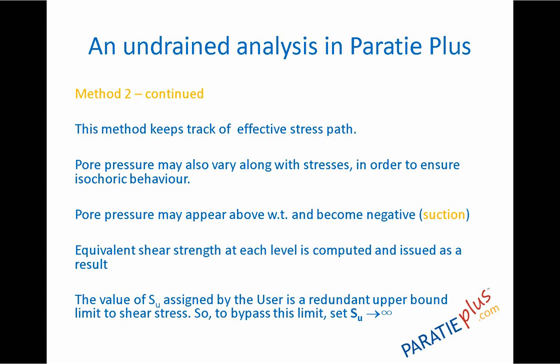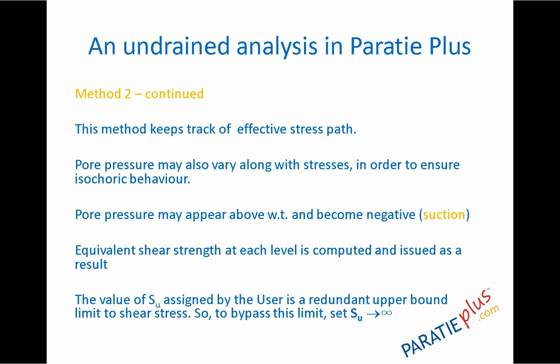Theoretically, the resistance of soil is determined based only on the internal friction angle, but the user is allowed to give an additional limit, what we call a redundant limit, and the program limits the shear stress to the lowest between the two limits.